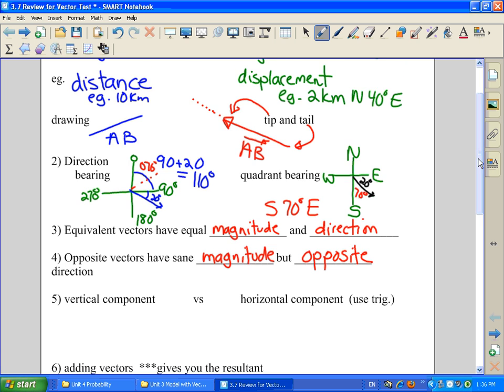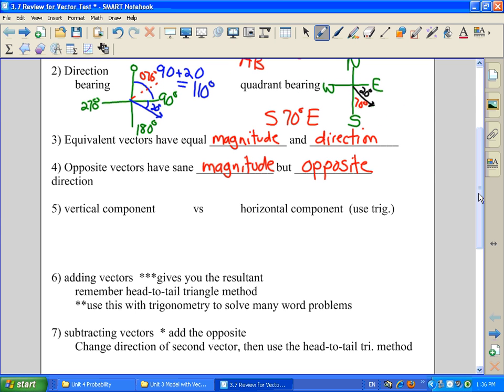All right. Number 5, we need to take a look at the vertical component and the horizontal component. And remember, we're going to be using trig to do this. So say we have a vector. Let me just draw one here, and we'll call that vector V. And notice that vector will have a horizontal and a vertical component.